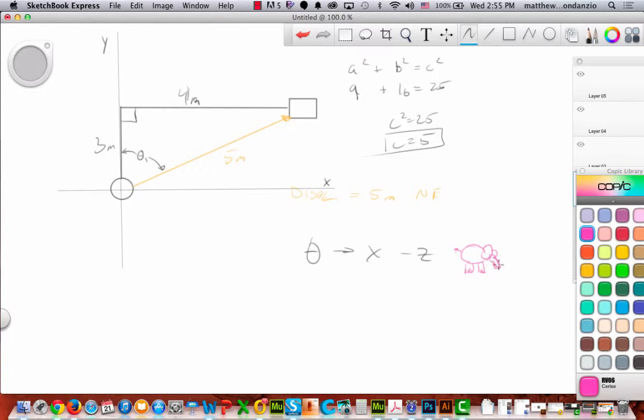Okay, it's a really horrible elephant. I'm sorry, guys. That was a bad one. So it could be pink elephant, right? It's the same thing. The point is it's just a variable. If I drew a pink elephant every time I wrote theta, that's really time consuming. But I should make a little pink elephant macro. Command Shift PE. That'll draw the elephant.